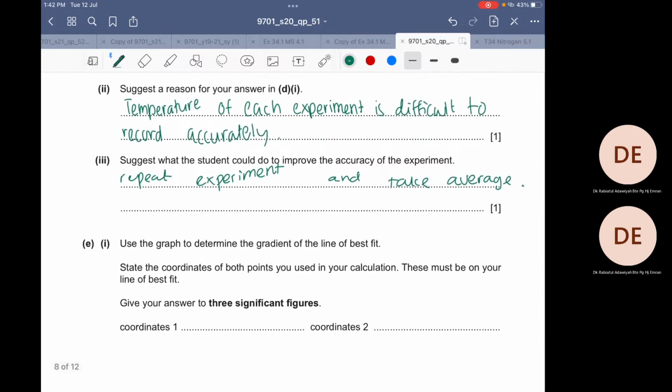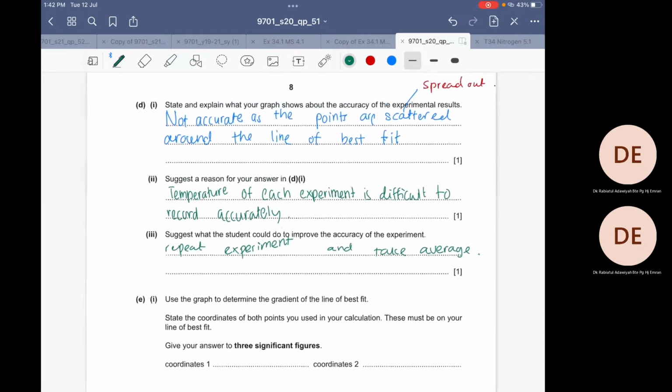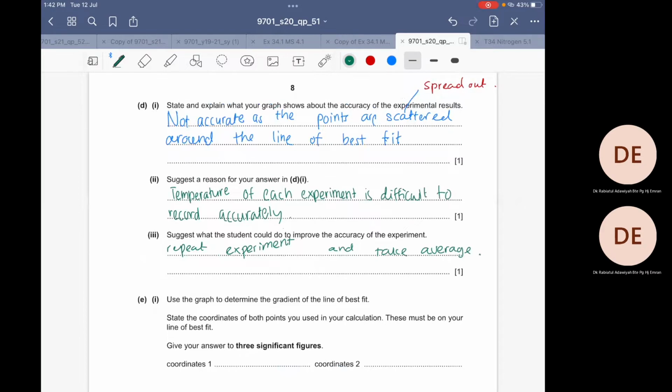Next is to find the gradient. I haven't calculated my gradient yet. Have you calculated your gradient? What sort of numbers are you getting?